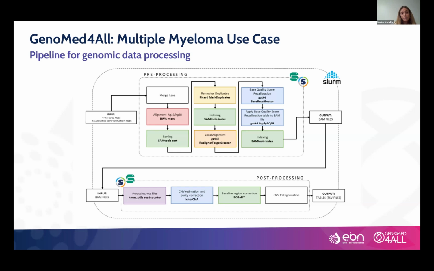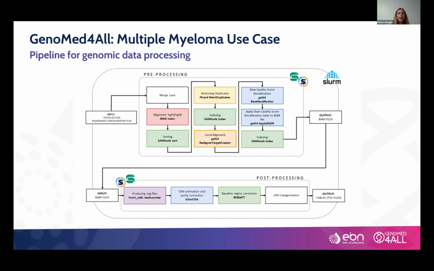It permits processing of the FASTQ files that you receive in output from the genomic analysis. In the second part, when you obtain the BAM files, you can post-process the files in order to obtain the table file that contains the copy number variation data.